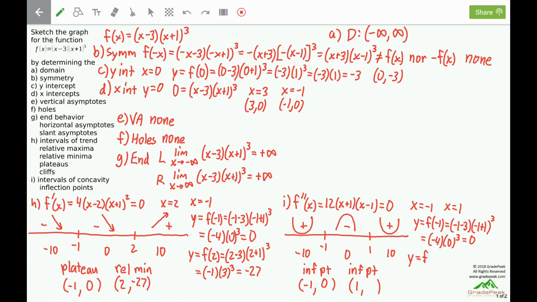Y equals f of 1, which will be 1 minus 3 times 1 plus 1 quantity cubed. 1 minus 3 is negative 2. 1 plus 1 is 2, and then cubed.